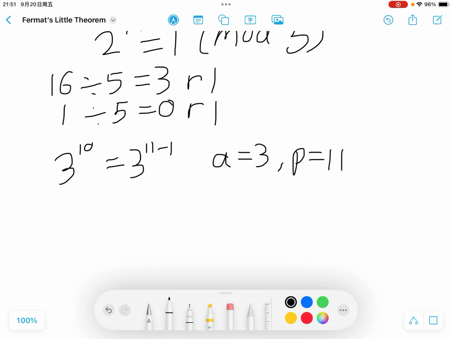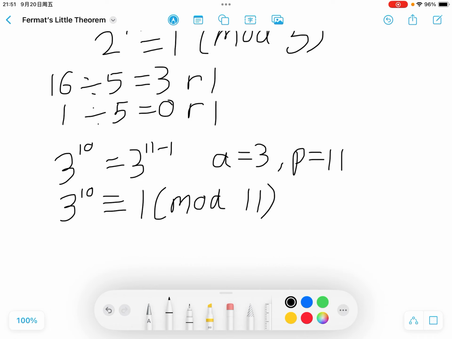So firstly, a few checklist items. Is p a prime? 11 is a prime, definitely. Is the GCD of a and p, which is 3 and 11, 1? Definitely. So yeah, we're good to go. Fermat's little theorem should work over here. So 3 to the power of 10, I expect, should be congruent to 1 mod 11.